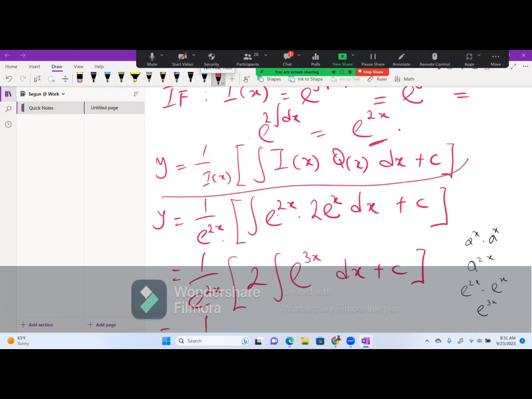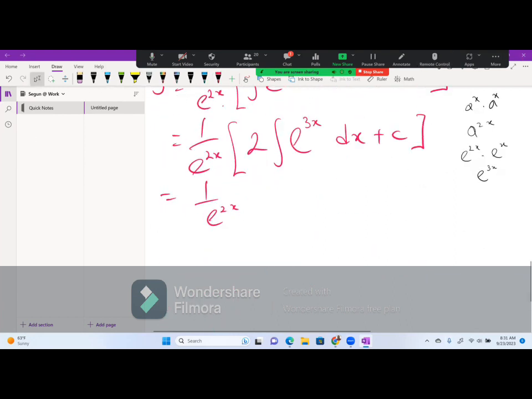You're welcome. So we have this. Then we can proceed. We have 2 integral of exponential 3x. Now, I can integrate. That is why your calculus will now be interesting. I believe you did calculus in first year.